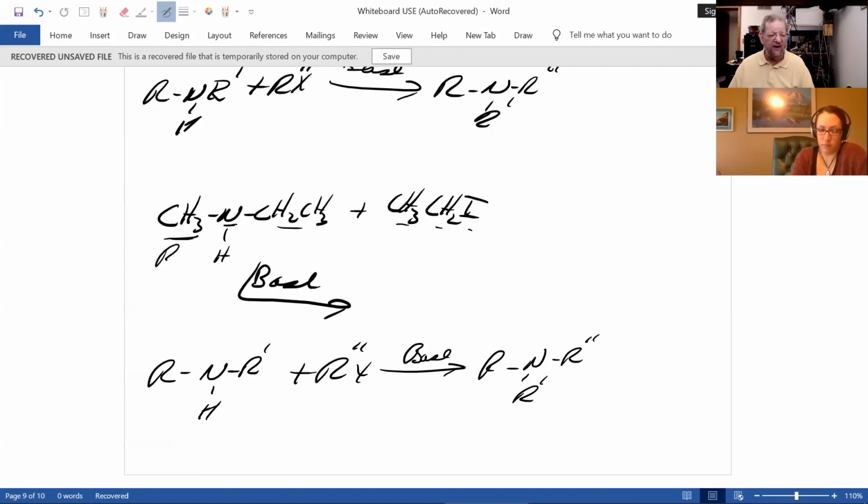One of these I can call R, doesn't matter which you do. The other R prime, if you switch them, that's okay. Then over here, I have R double prime. This is R prime, sorry about that. And therefore, on my nitrogen, I'll have a methyl, an ethyl from my original secondary amine, and then I'll have another ethyl group.